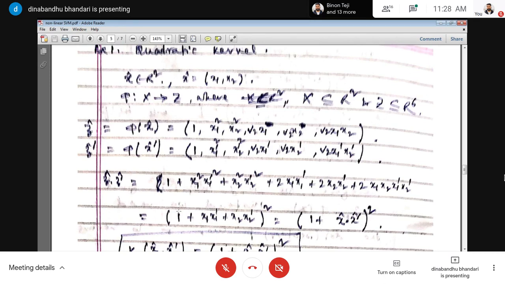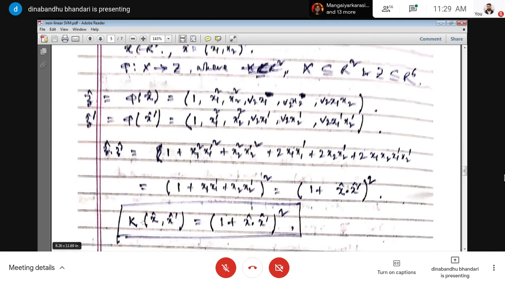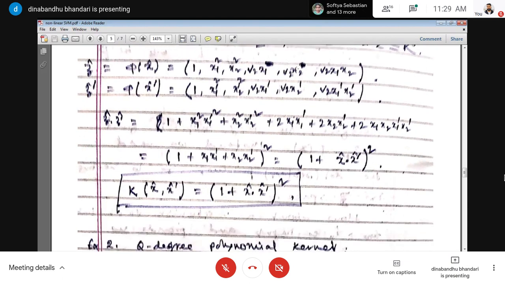To calculate this dot product directly, you have to perform 6 multiplications, whereas here there will be 2 multiplications together with the square, maybe another 1 multiplication, so 3 multiplications just for the square. This is the quadratic kernel, okay? So this is the kernel k of x comma x dash, these are the inputs, and this is the function you use. We do not need to bother about how they look, but this is a quadratic kernel.